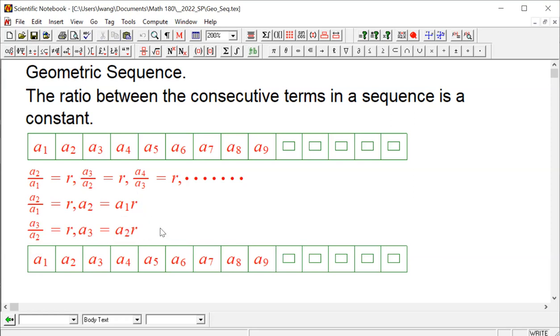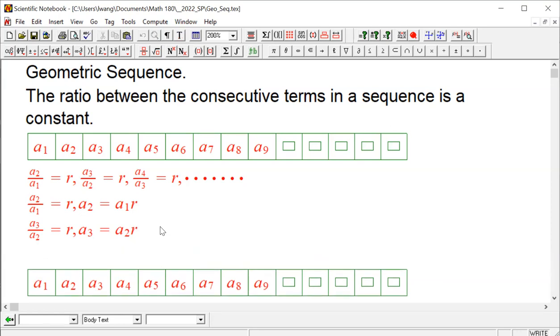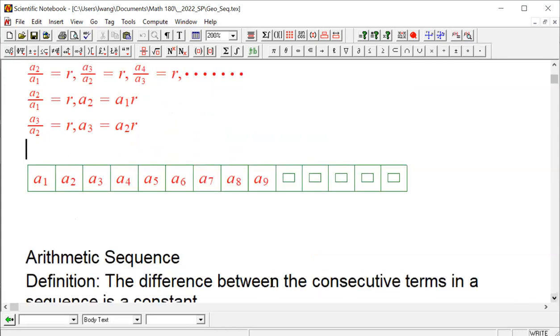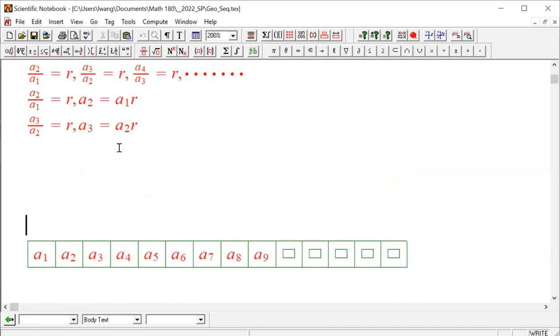What this means is that to get from a sub 1 to a sub 2, we just have to multiply by r. From a sub 2 to a sub 3, we take a sub 2 and multiply by r.